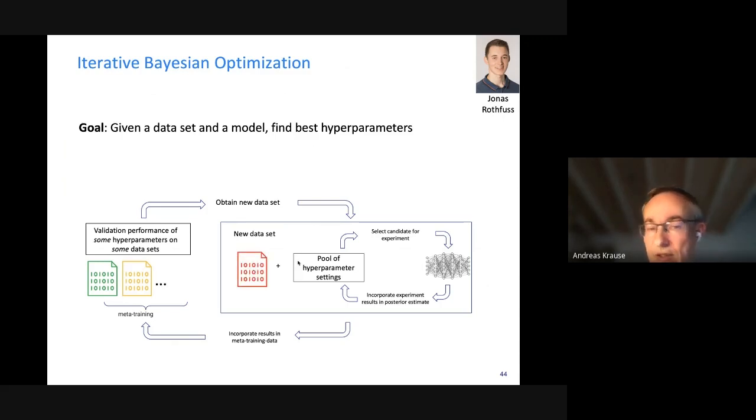And so in this iterative setting, the decisions taken by tuning the algorithm on past data become the very data that the hyperposterior is being trained on, right? So in order to do well here, you need to solve this exploration-exploitation dilemma on the meta level.